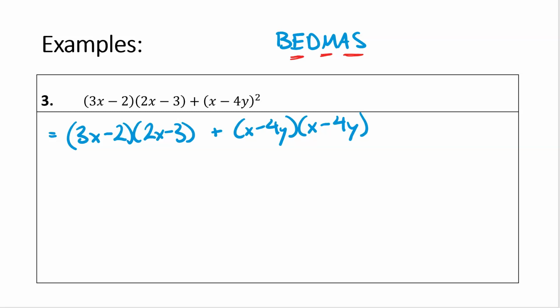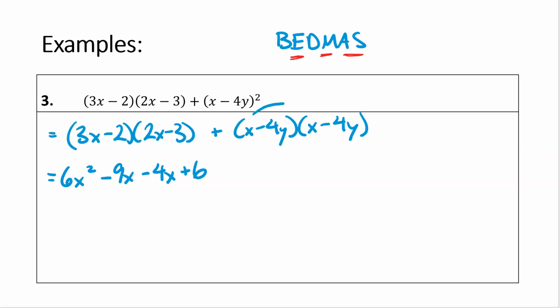So let's take that 3x multiplied by 2x. We'll get 6x squared. 3x multiplied by negative 3 is negative 9x. Negative 2 times 2x is a negative 4x. Negative 2 times negative 3 is a positive 6.